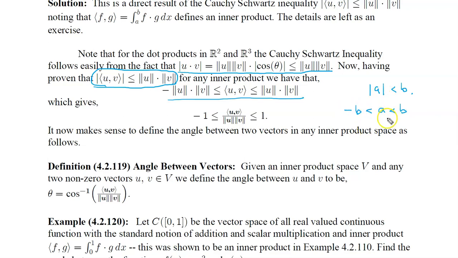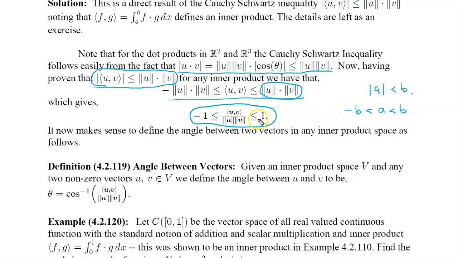And that's exactly what we have right here. The inner product of u with v is the a, and the right-hand side here is the b. So we have this. And now dividing both sides by the norm of u times the norm of v, we end up with this inequality right here.